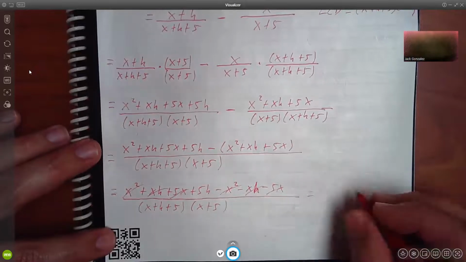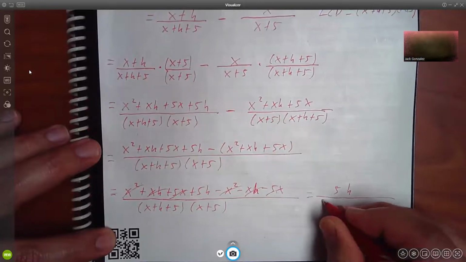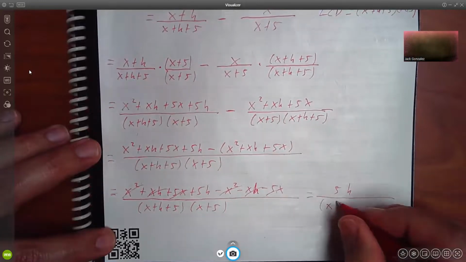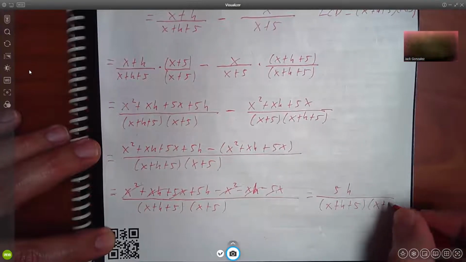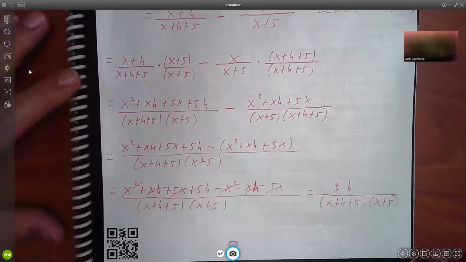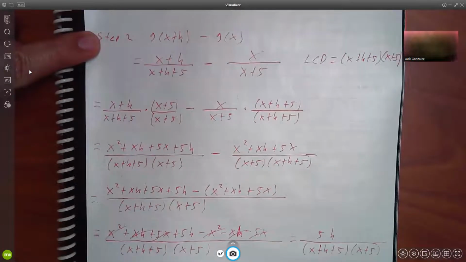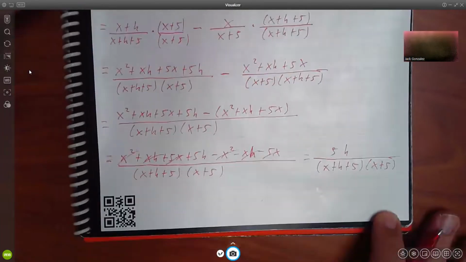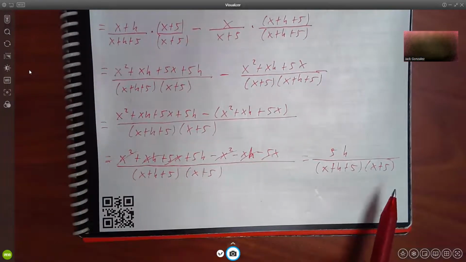So the result will be 5h over the LCD. So there's step 2, the difference piece. It's this. I don't have space for step 3, so we'll have to do it on the next page.